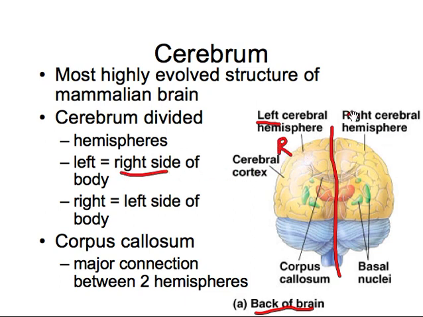The right hemisphere controls the left side of our body. Kind of cool. So if you're right-handed, that means your left hemisphere is what's controlling your right. If you're left-handed, and can probably draw really well, but we'll get into that in a moment, your right hemisphere is dealing with that.